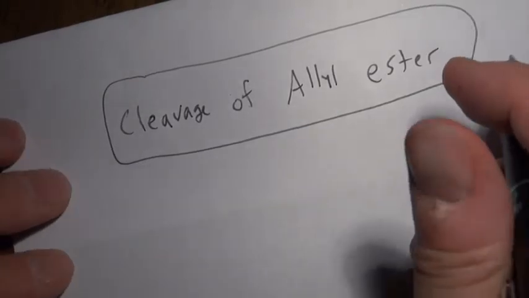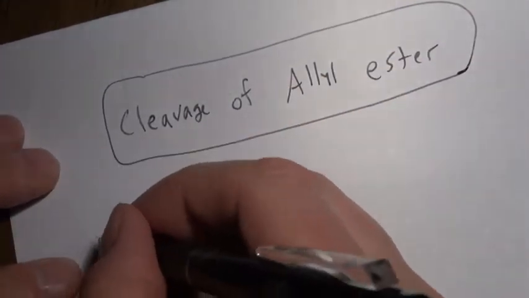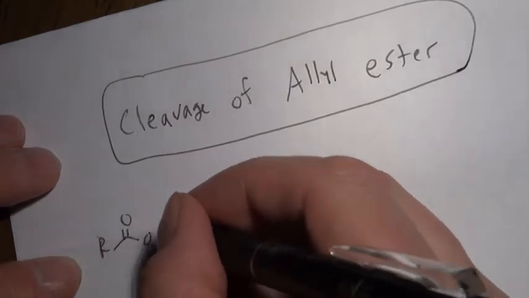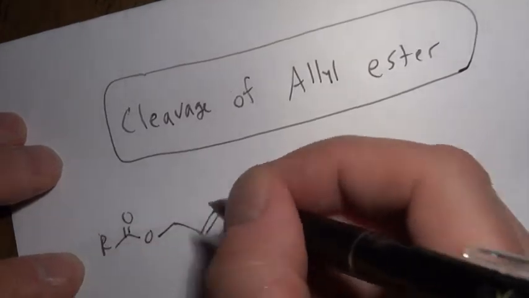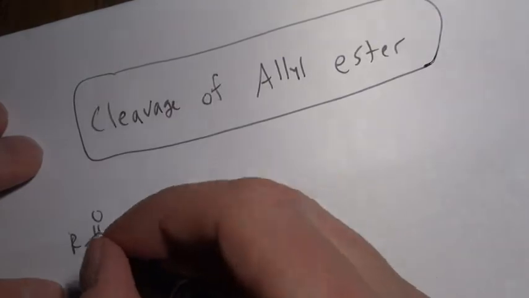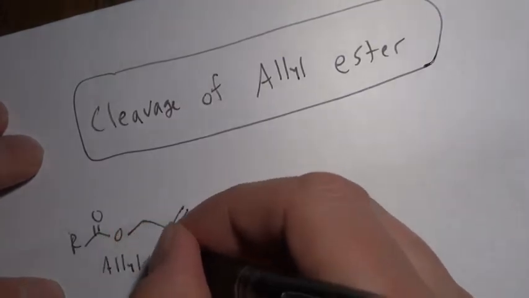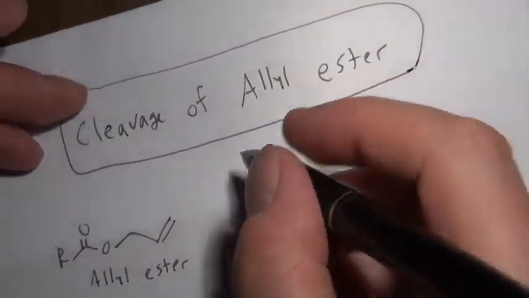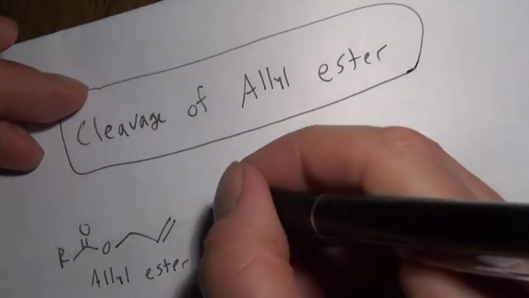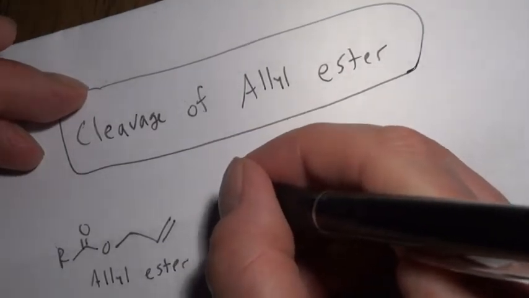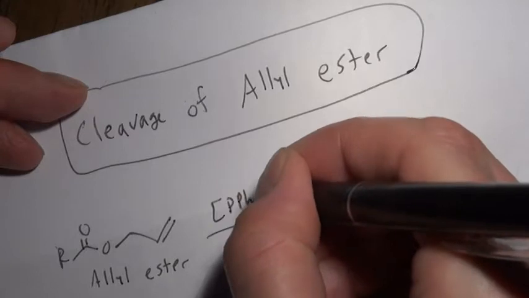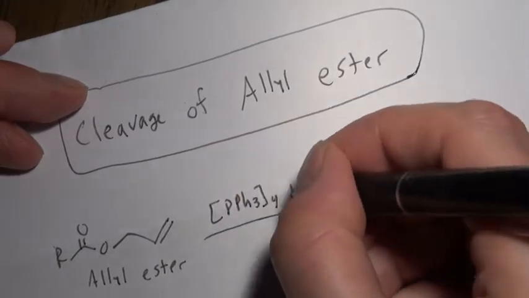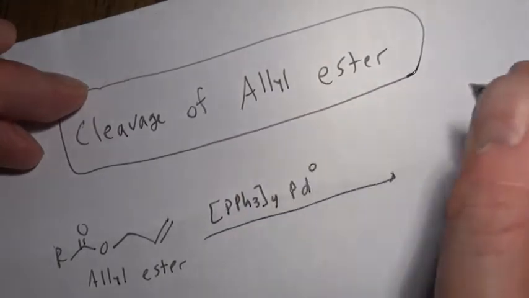All right, cleavage of an allyl ester. So let's draw an allyl ester. That's an allyl ester, right? And so the cleavage reaction, and we just saw this in the PowerPoint, was that we would react this with PPh3 x4 palladium 0.